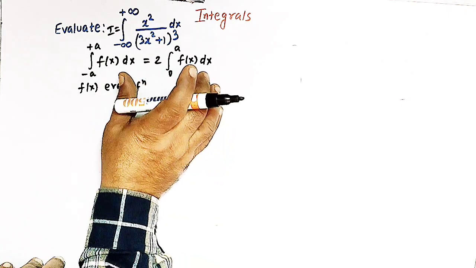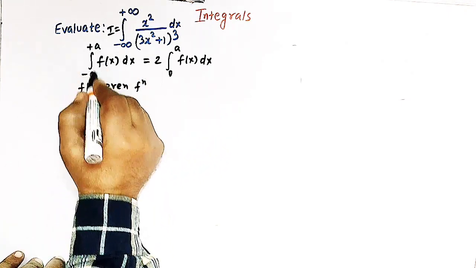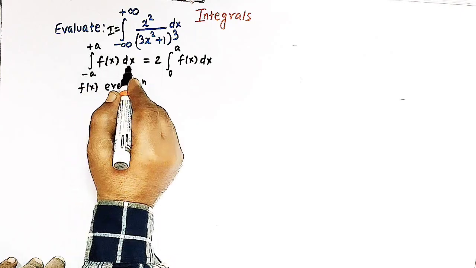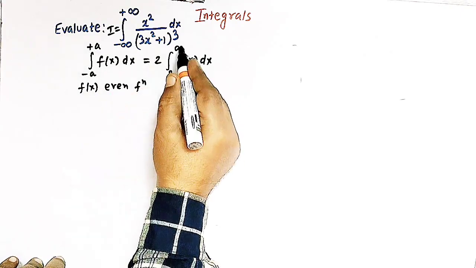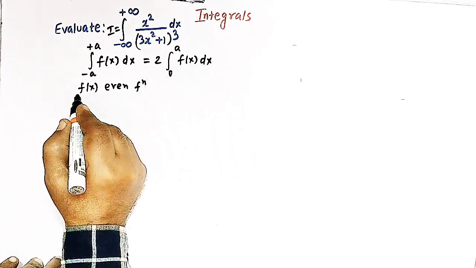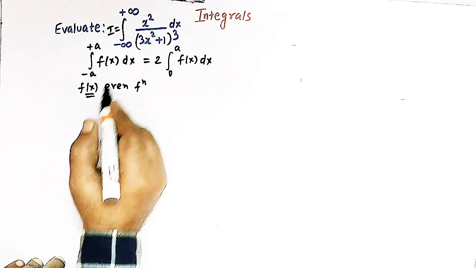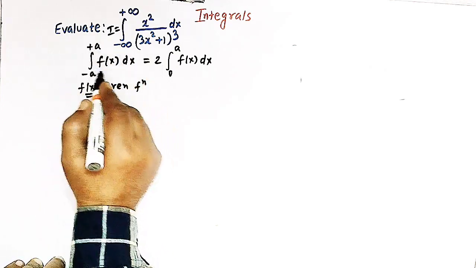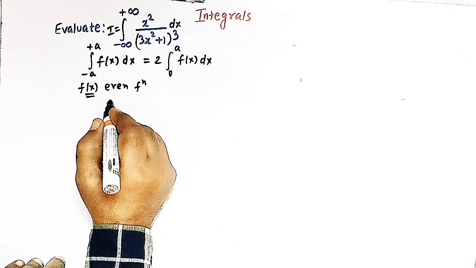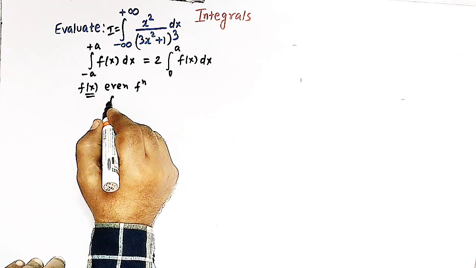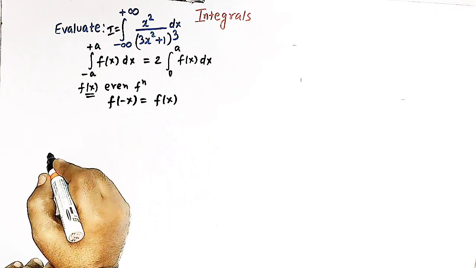So this is an important property of definite integrals, provided f of x is an even function, right? And in case of an odd function, this integral reduces to 0, right? So an even function is defined as f of minus x is equal to f of x, right?